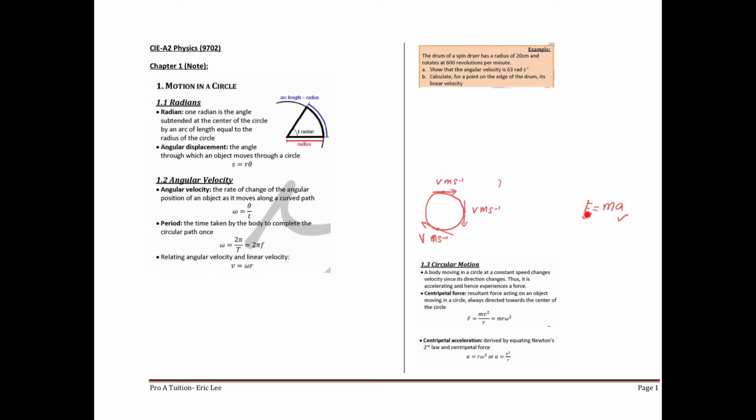And what kind of force is that? You can look at the second point. It is called the centripetal force. So what is centripetal force? It is the resultant force acting on an object moving in a circle, always directed towards the center of the circle.